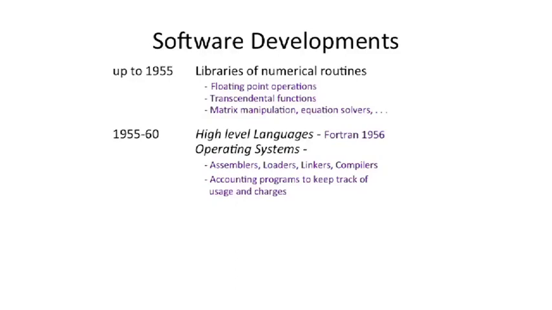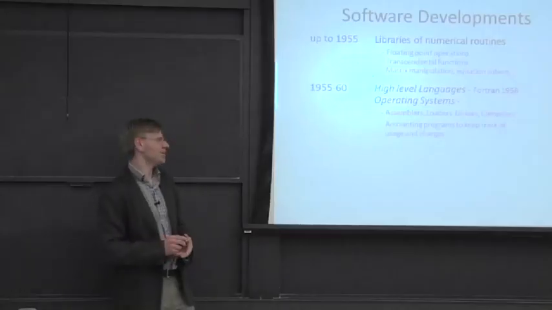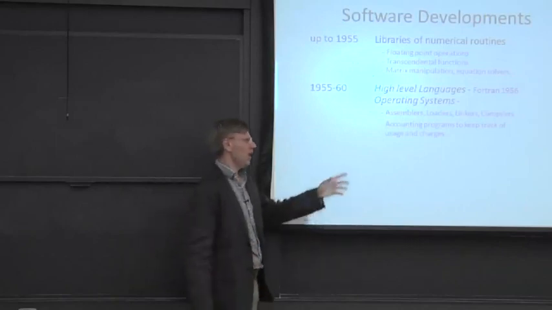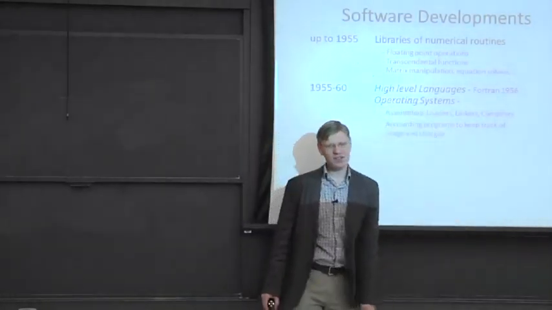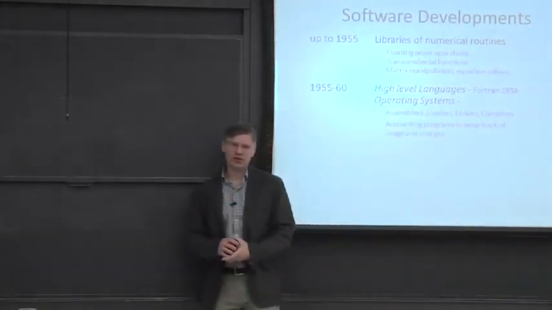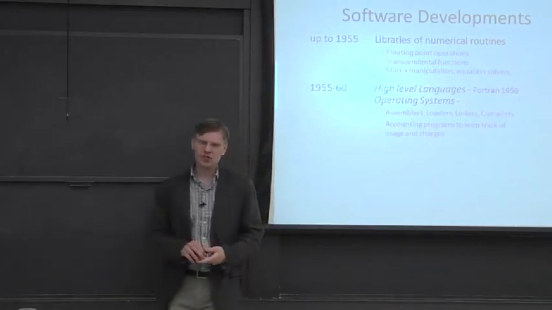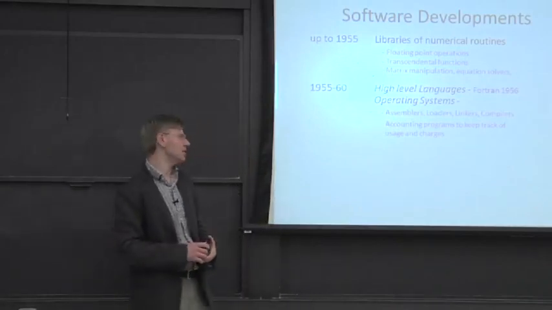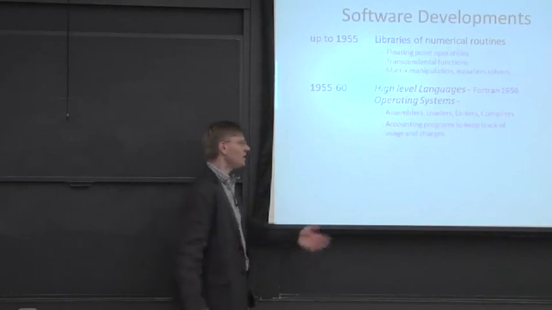You started to see some libraries that people could call, but people were not necessarily writing large bodies of code in assembly programming because it was pretty painful. And then at some point, there was the invention of higher level languages. A good example of this was Fortran, which came out in 1956. A lot of things came along with this.